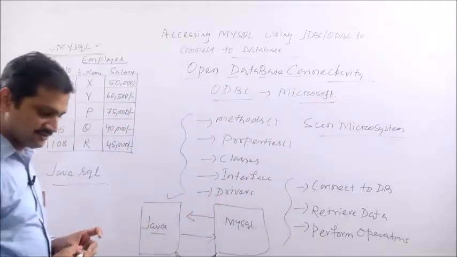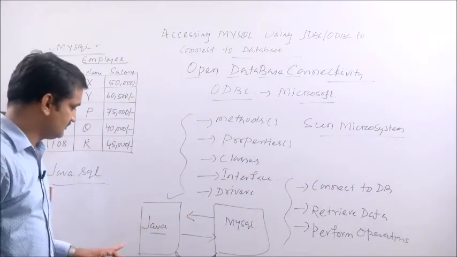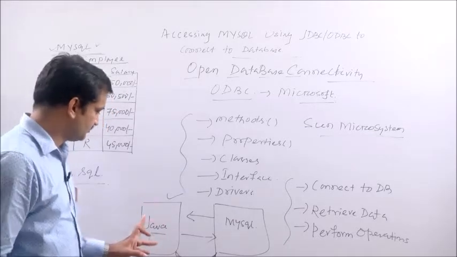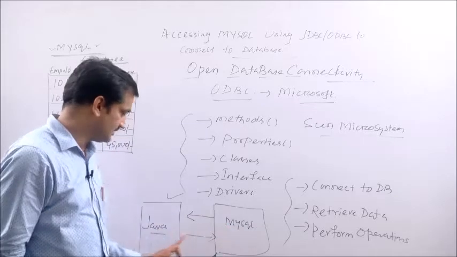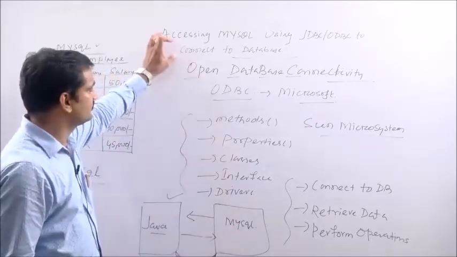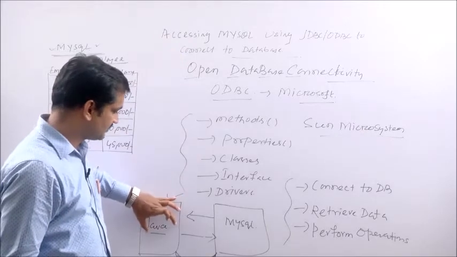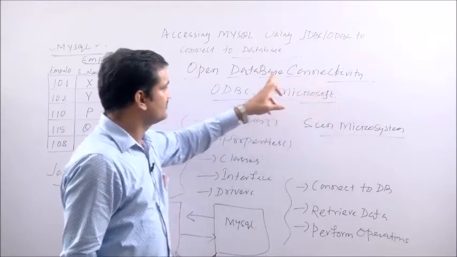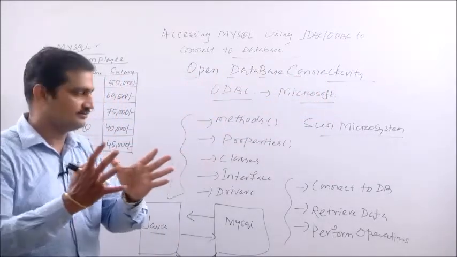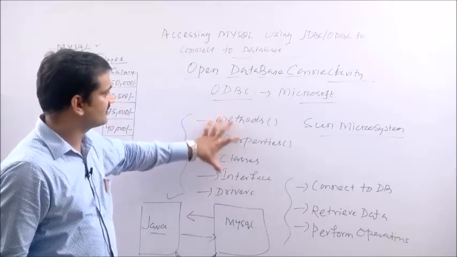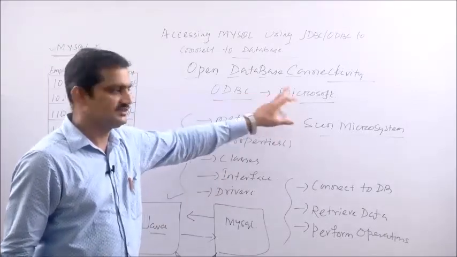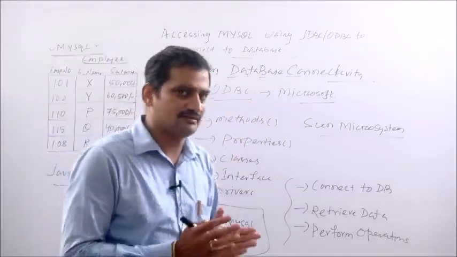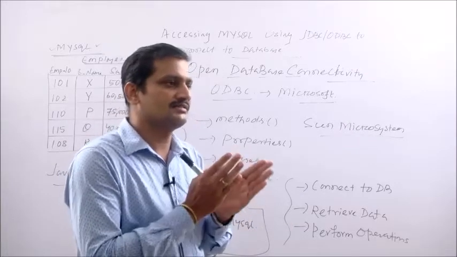Now the difference between JDBC and ODBC is that JDBC can be used only for communication between Java and a database. A Java program can communicate with any database using JDBC. But Open Database Connectivity is an API, a bundle of methods, properties, and interfaces provided by Microsoft, which is open, meaning there is no boundary that it can be used for only Java applications, or only a specific application.